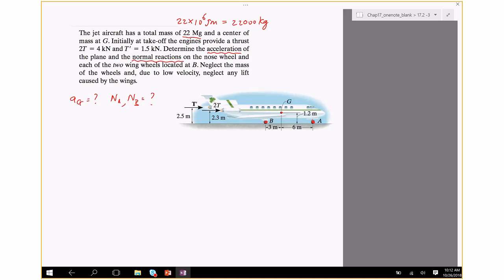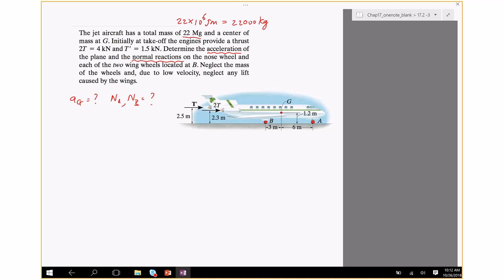So what distinguishes this particular problem from something we've done in chapter 13, which was quite a while back, is that the plane has a geometry and those forces are applied at a specific point with respect to G, which is the center of mass. We did not have dimensions in any of the problems we've done in chapter 13 on particles, which makes us use the third equation which I talked about.